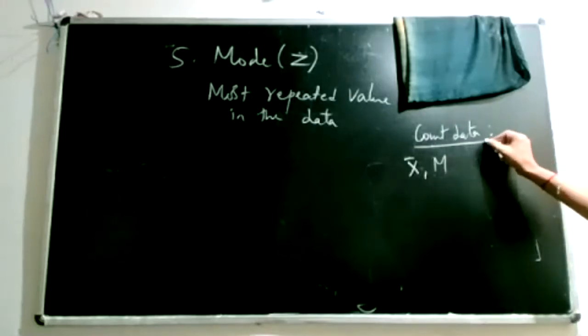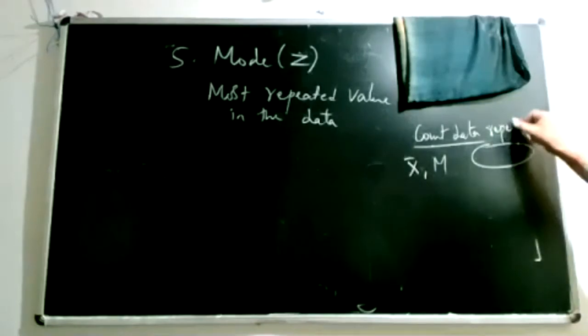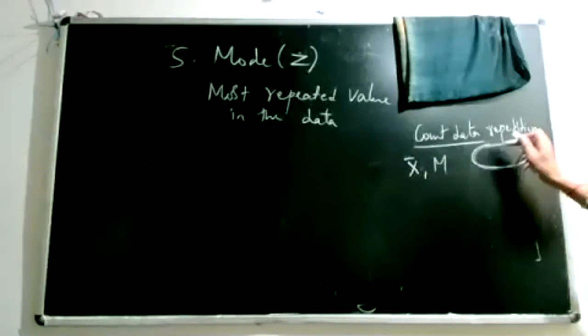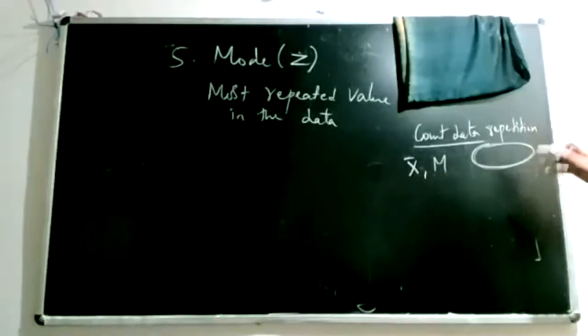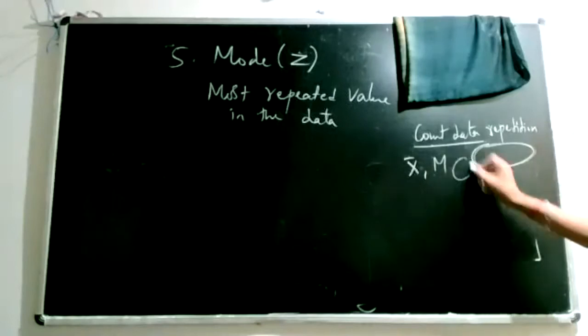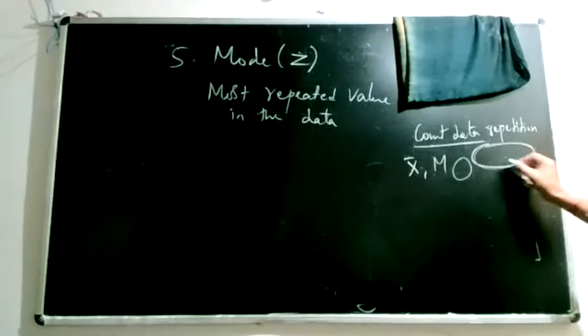But when you look into count data, what we observe is that there will be many repetitions. We could have only a single number repeated many times, and very rarely do we observe the other values of x; in most of the cases we'll have this.